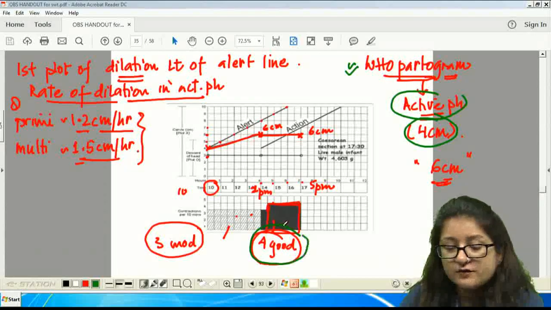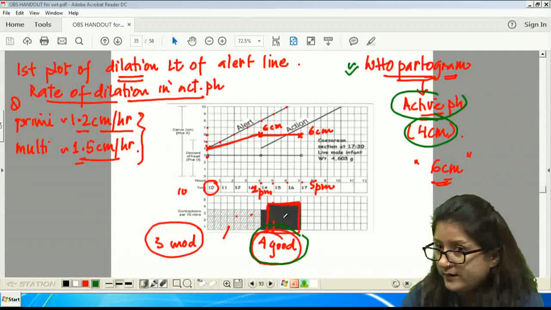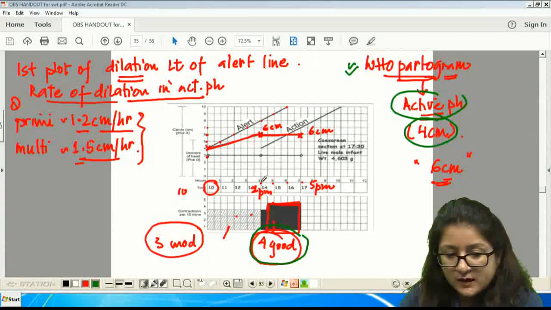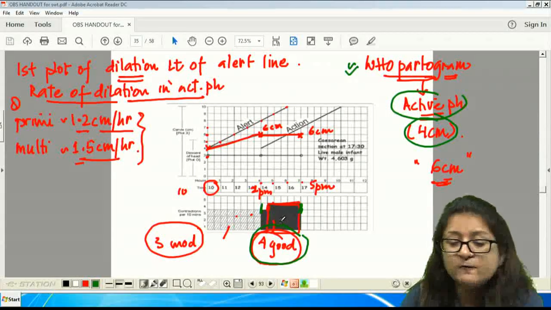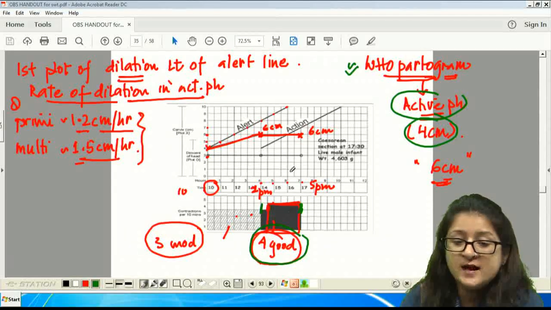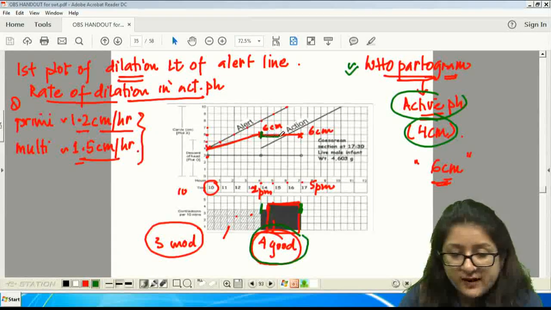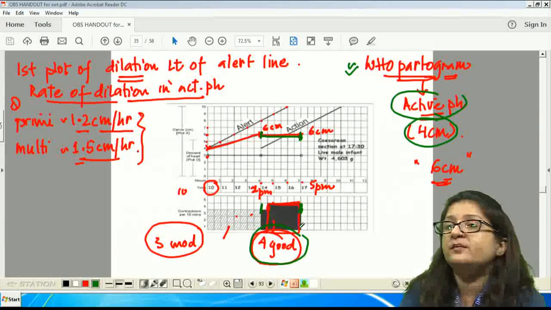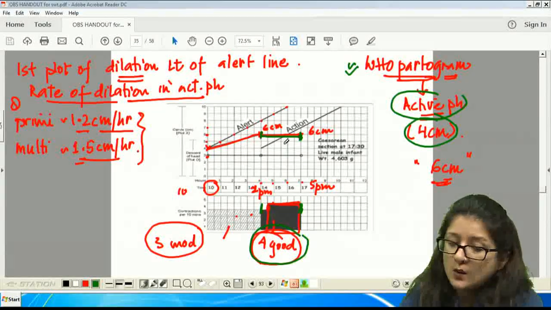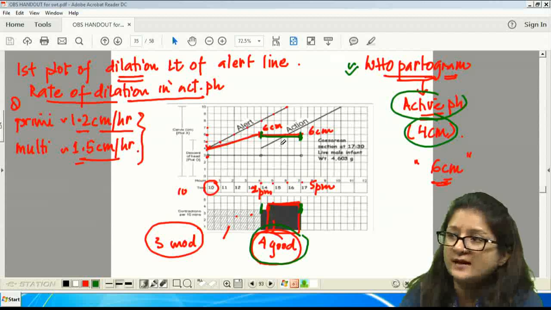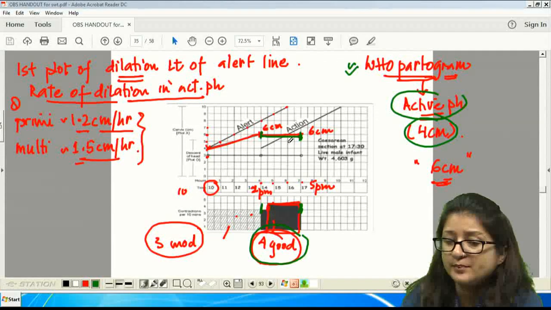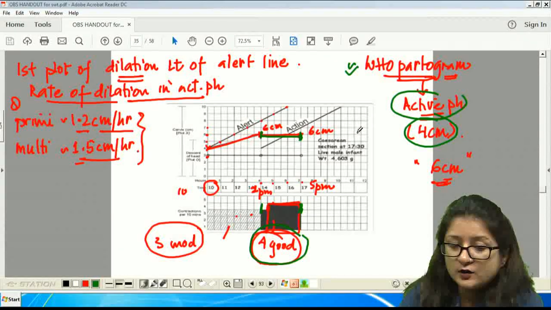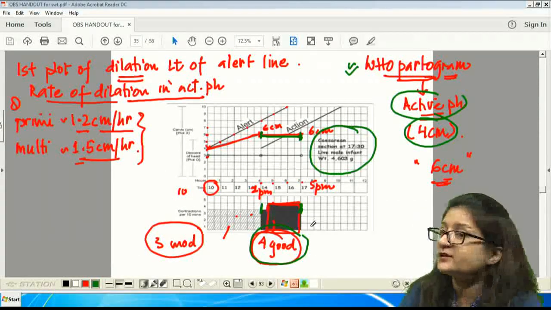Now for the next 4 hours, she is getting good contractions, right? As we can see, between 2 p.m. and 5 p.m. she is getting good contractions, but despite 4 hours of good contractions, she has failed to dilate even a centimeter beyond 6 centimeters. So this is called as arrest of dilatation, and ultimately this woman had to undergo a cesarean section.